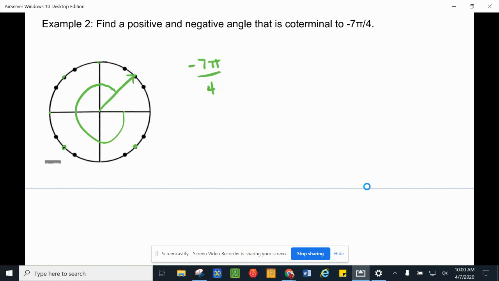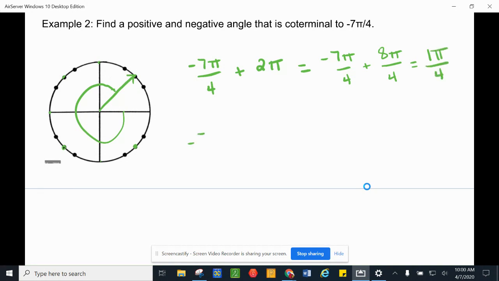So let's start by adding a full rotation, which in radians is 2 pi. And we get, let's do a common denominator, 1 pi over 4, or simply pi over 4.